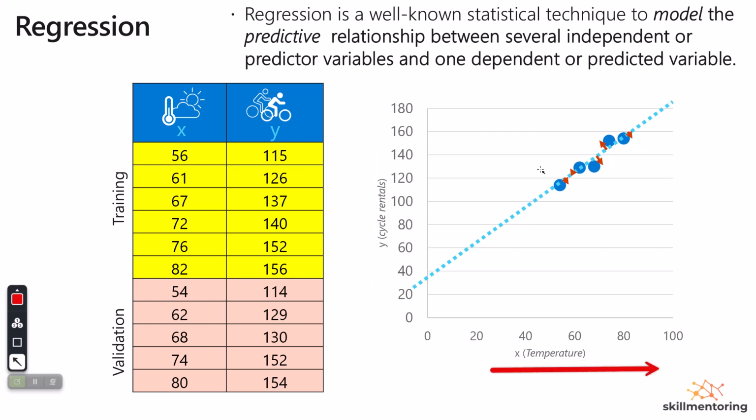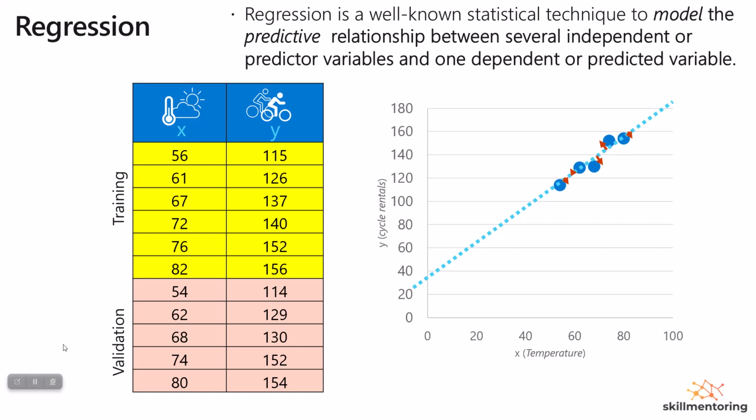We can understand that there is an interception of the data between the temperature and cycle rentals, and we can then predict, if the temperature of today is X, how many cycles are going to be rented out from my store. Now this could be something very useful for the business.